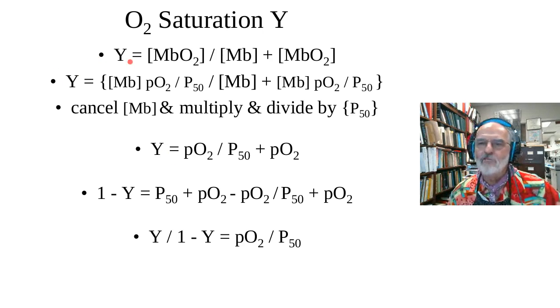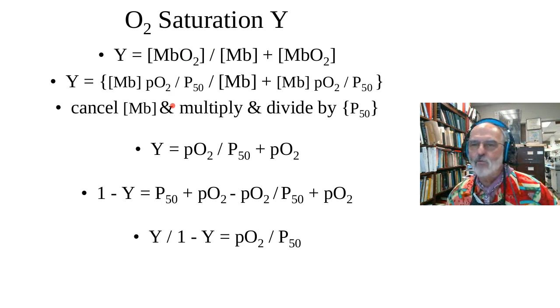If we then define Y as the concentration ligated divided by the total, okay, then we can substitute that equation for MbO2 into here from the previous slide, and then rearrange this equation, canceling out the free Mb, and derive an equation that looks like this.